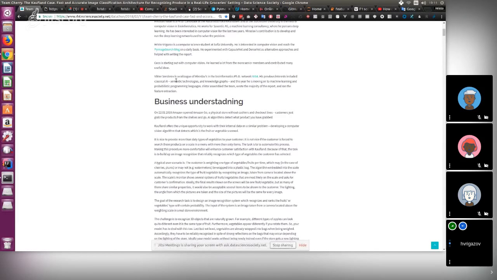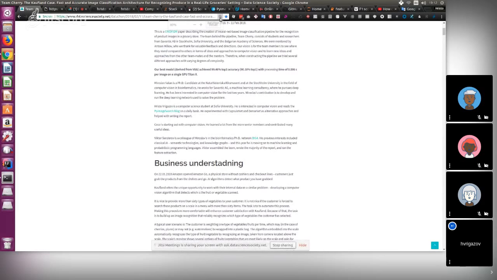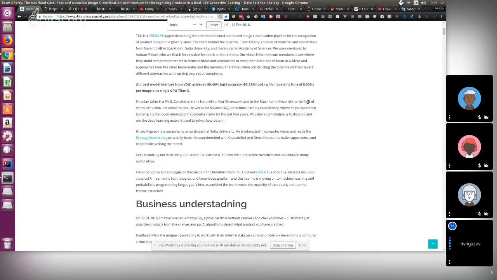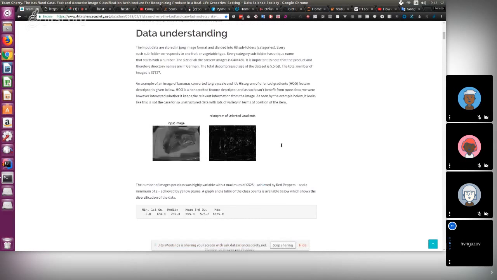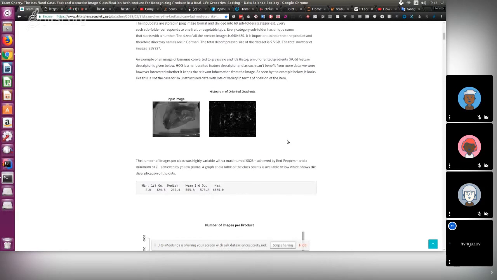This was our first look at the data, and after we did that, we started talking about different ideas, what we would try, what could work, what couldn't work, and so on. One of our very first ideas was the so-called histogram of oriented gradients. It was the main method used for pedestrian classification, before the whole deep learning era.